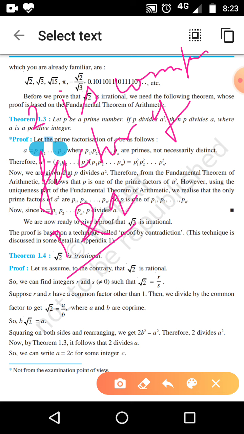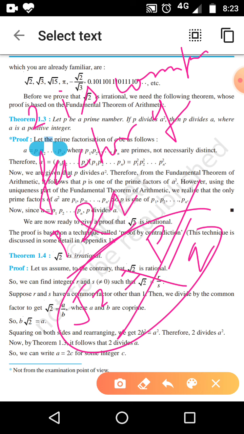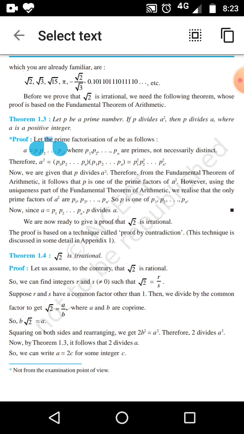This contradicts the fact that p and q are co-prime, and that's why our supposition that root 2 = p by q is a rational number is wrong, and hence what is true? Root 2 is an irrational number. In the same manner you can prove root 3, root 4, root 5, root 7, whatever numbers you are given.